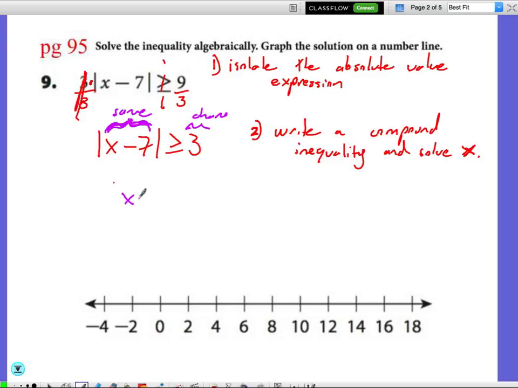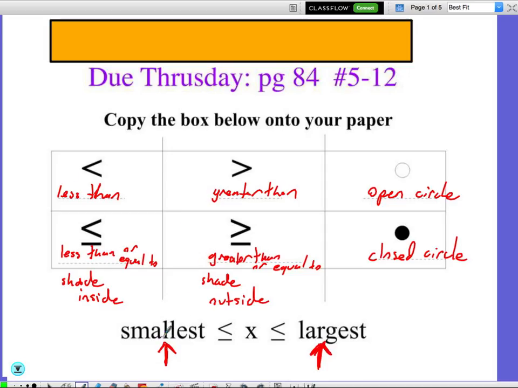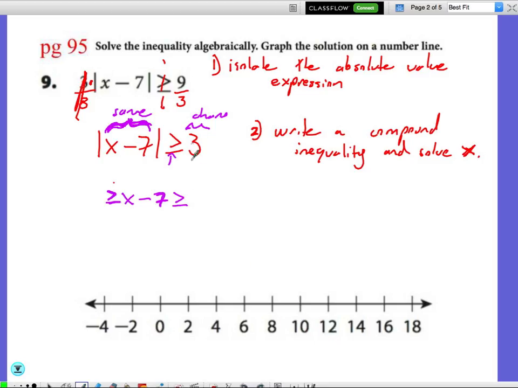We take x minus 7 and we actually just write that once, and this symbol right here is going to go on both sides. And remember, going all the way back to this setup, whatever is on the left is my smallest value, and whatever is on my right is my largest. So here I have that positive 3, and on the other side, that's where we change the sign and it becomes negative 3.